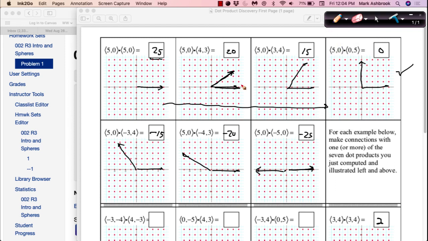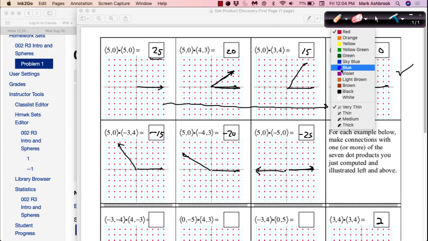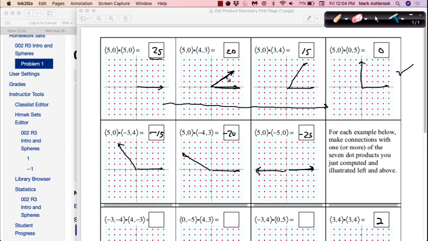The second vector? What about the second vector? Yeah, it's how much of that is in parallel to the first one. And then how much of this is parallel to the first one? 3. And so the dot product is? And how much of this vector is parallel to this one? None.